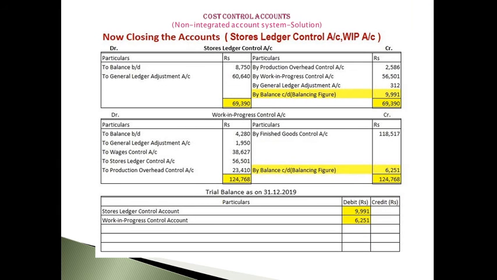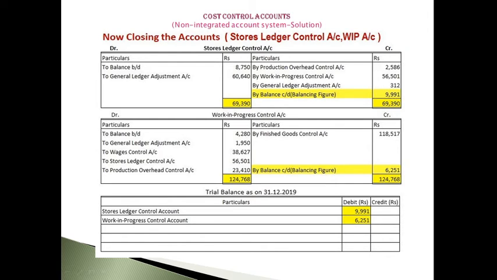Next, we have to close the accounts one by one. First of all, we have to close the stores ledger control account. Just open the account. Here the debit side is more, it is total 69,390, and put it in the credit side, and there is a balance of 9,991.